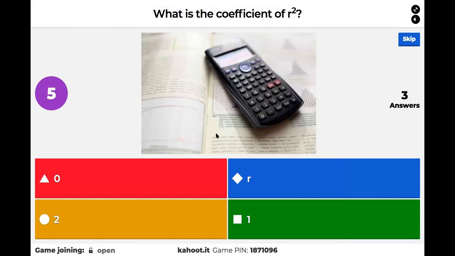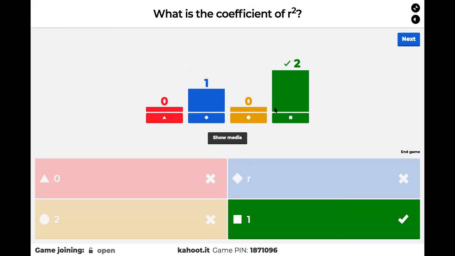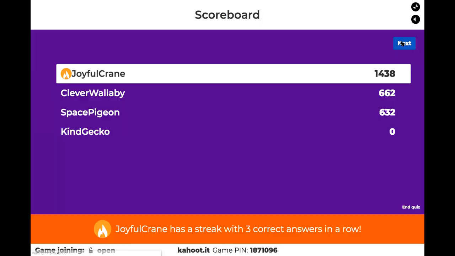What's the invisible number we have to put? 1. Yeah. So r is the variable, but the number is what we call the coefficient. And if there's no number in front, that means there's an invisible 1, just like when we put that in for our fractions.